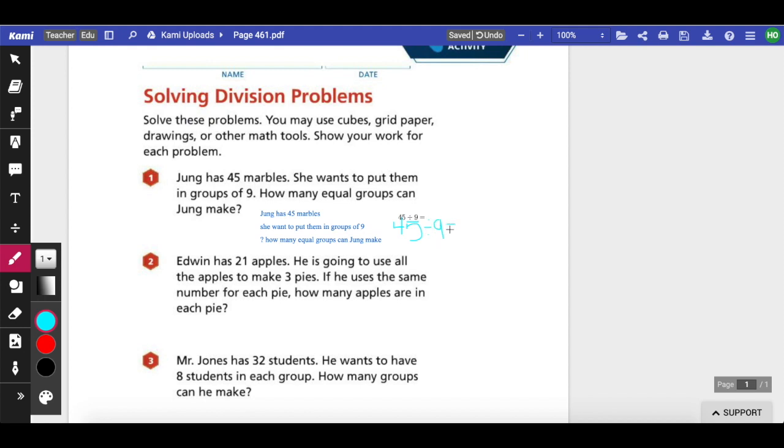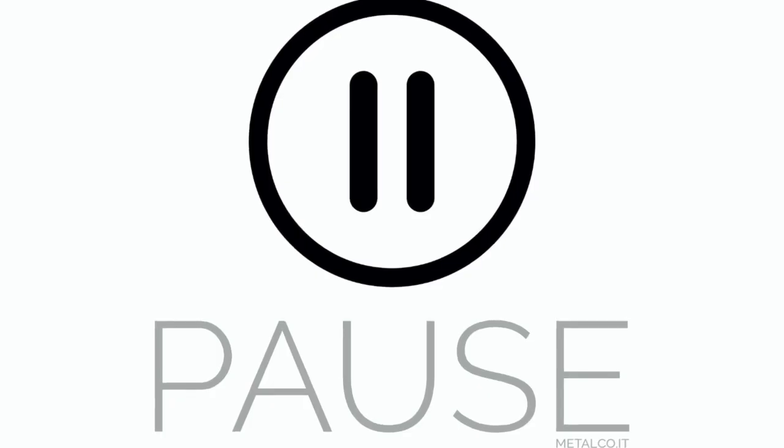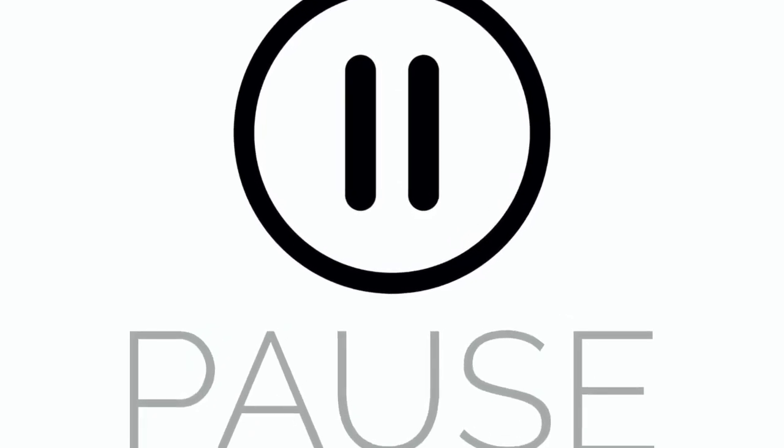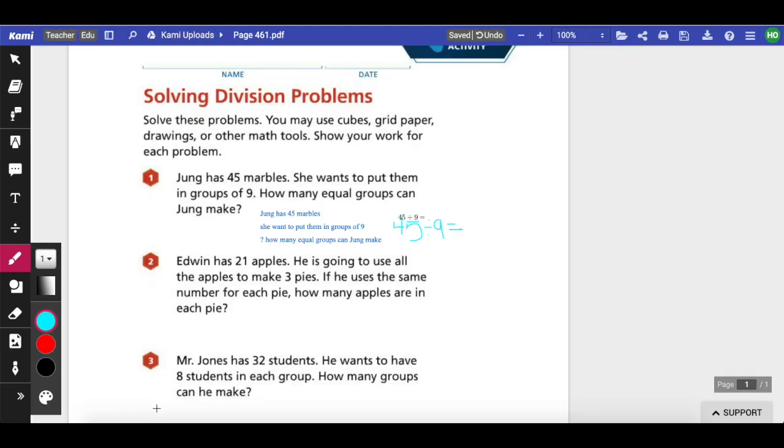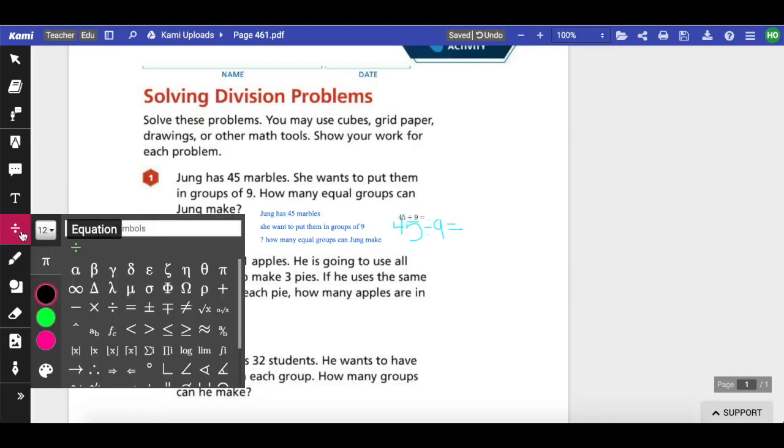Pause me and think about what is another equation that I can use to represent this same problem. I can also do, and I'm going to press equation, make a text box, 45 divided by question mark equals 9.